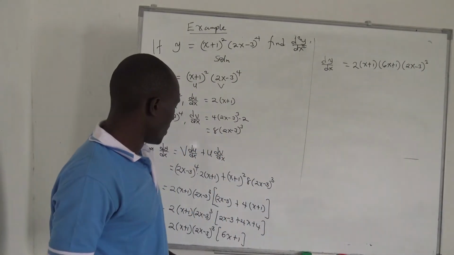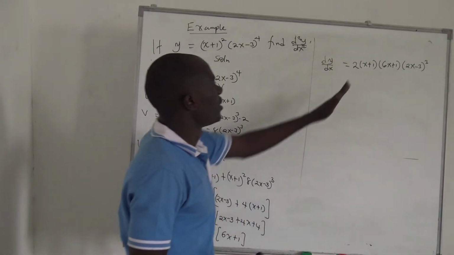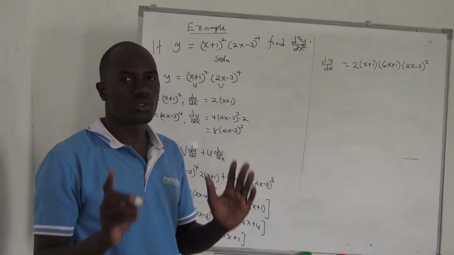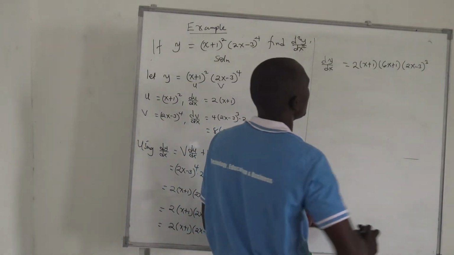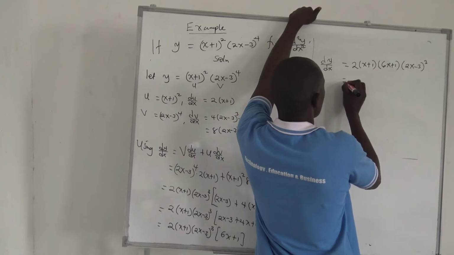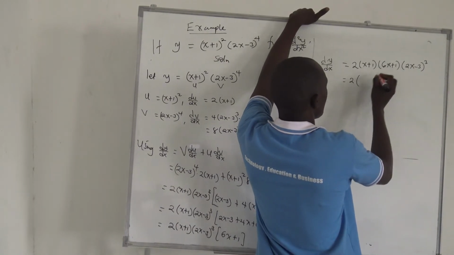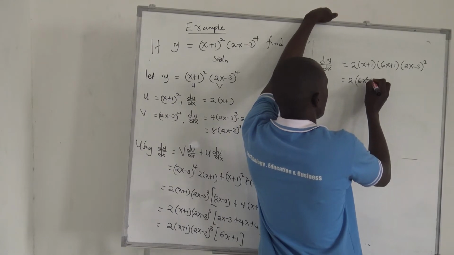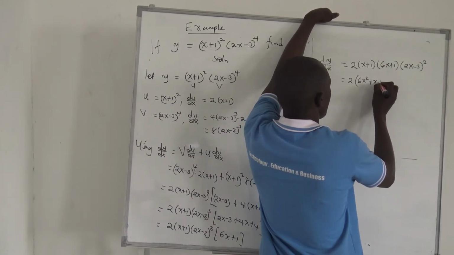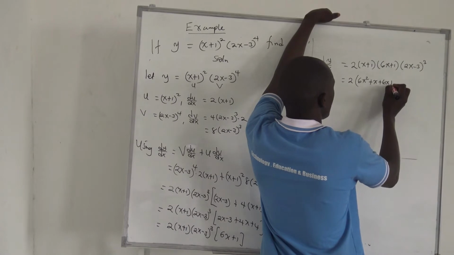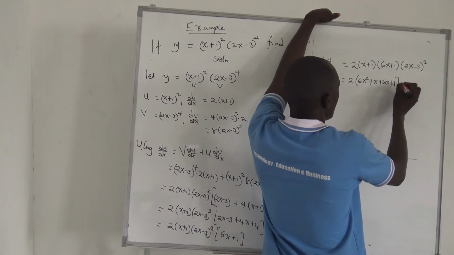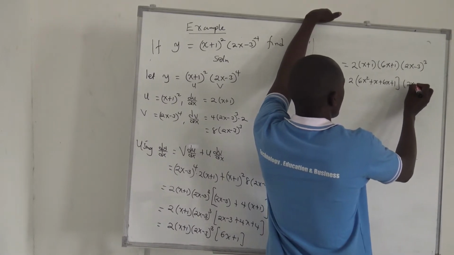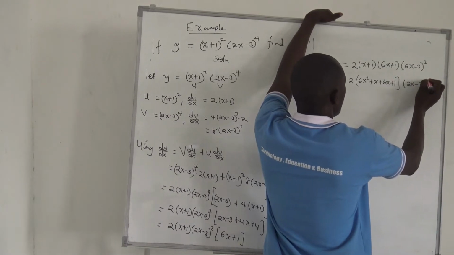Now from there, we can first open the first two so that we create two brackets. 2 into x times that, we get 6x squared plus x plus 6x plus 1, into (2x minus 3) cubed.